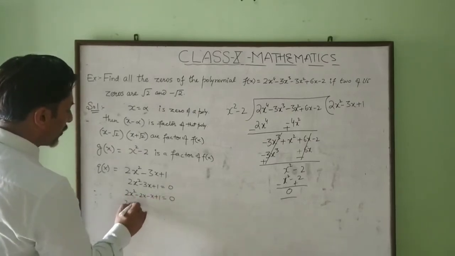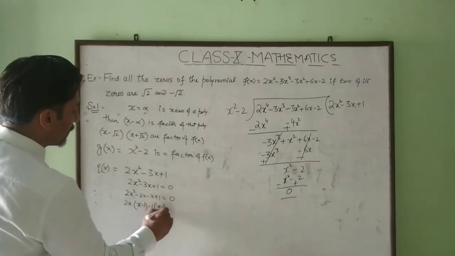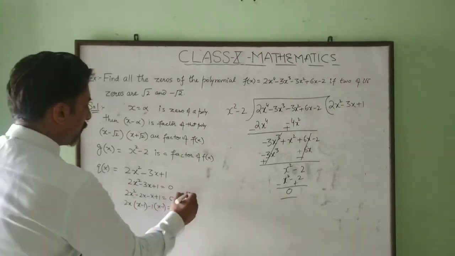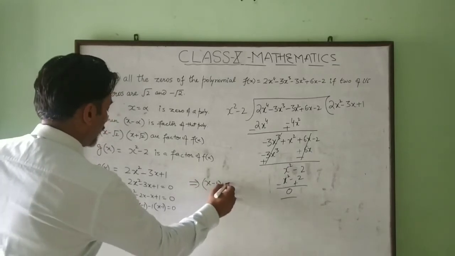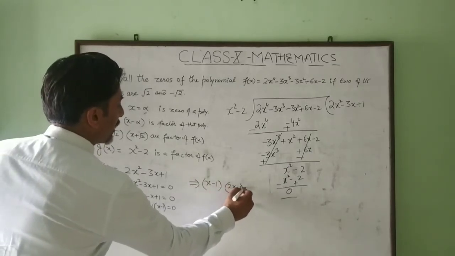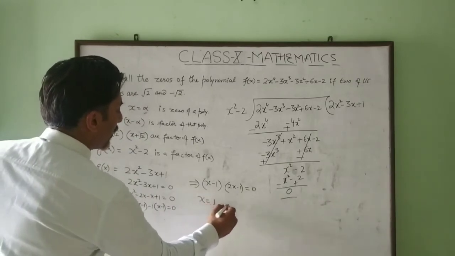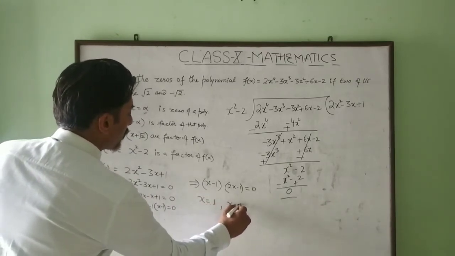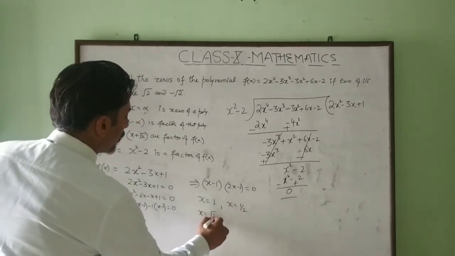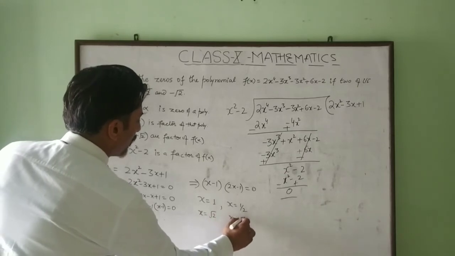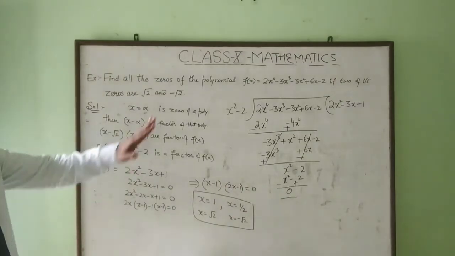From here you can take 2x common, you'll have x minus 1. Minus 1 common, x minus 1 is equal to 0. So you will have the factors x minus 1 and 2x minus 1 equal to 0. So your values of x came out to be 1 and x is equal to 1 by 2. And the 2 that were given, they were root 2 and x is equal to minus root 2. So these are the 4 zeros of the given polynomial.